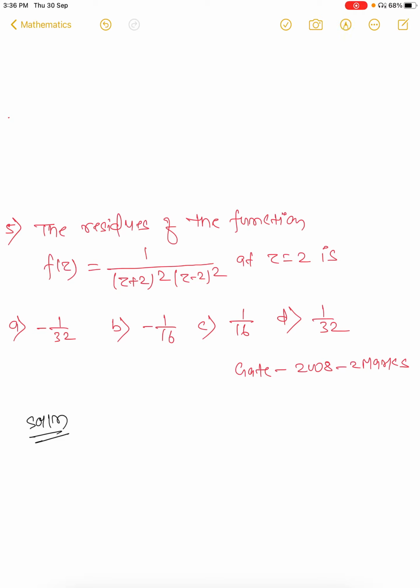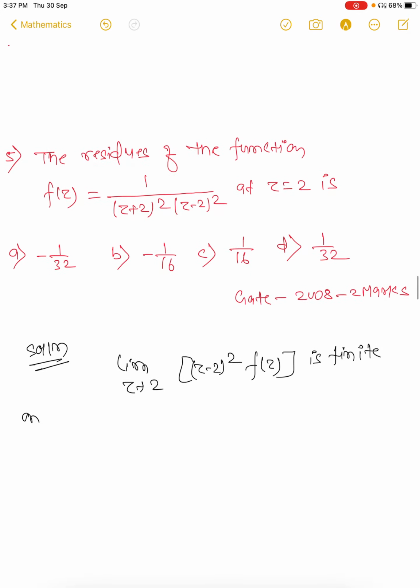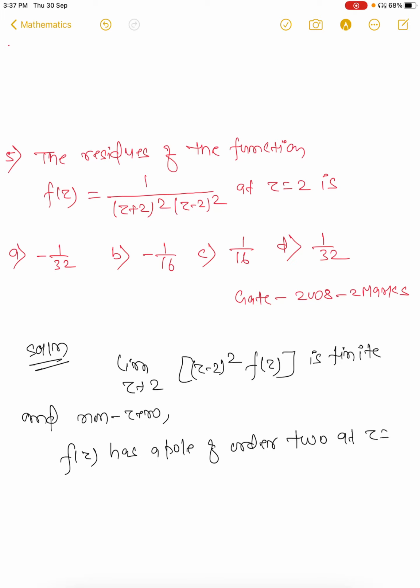Since the limit as z tends to 2 of (z minus 2) whole square f(z) is finite and non-zero, f(z) has a pole of order 2 at z equal to 2.